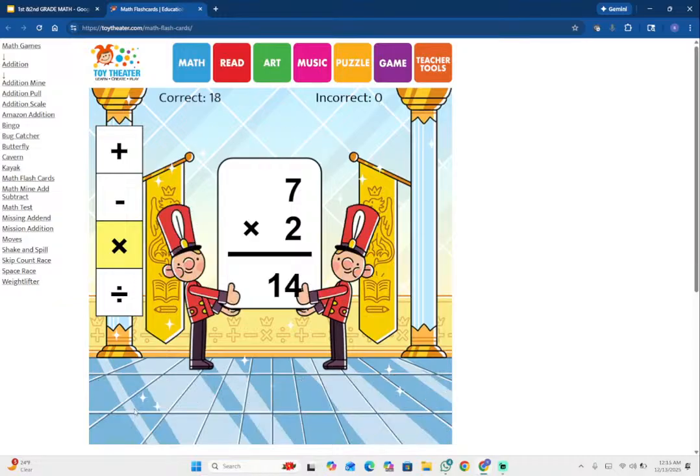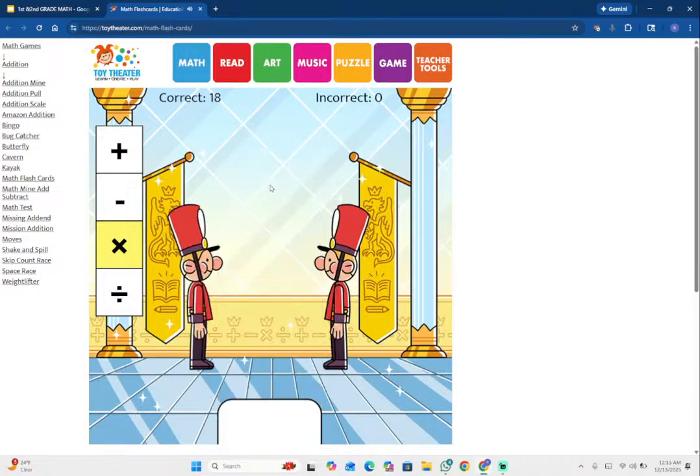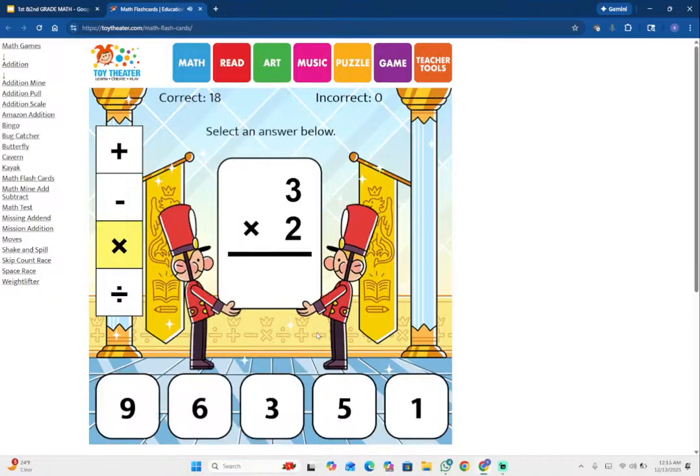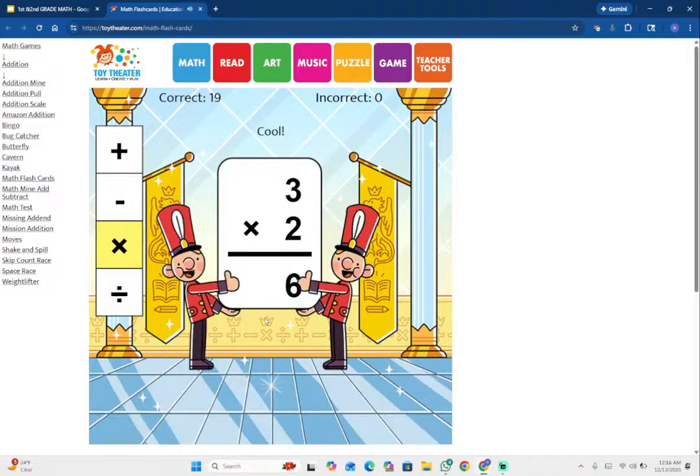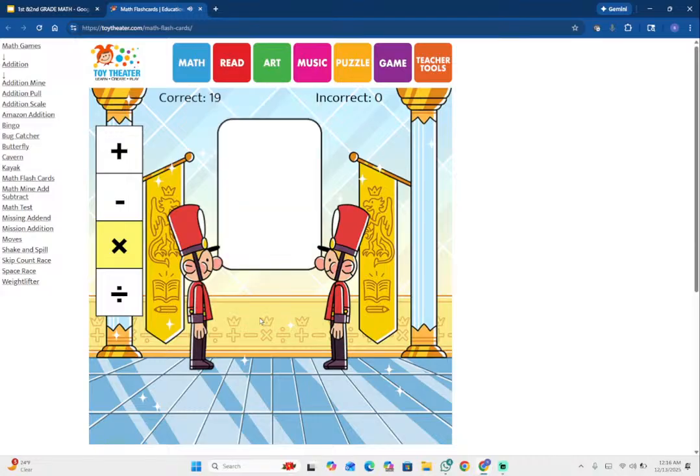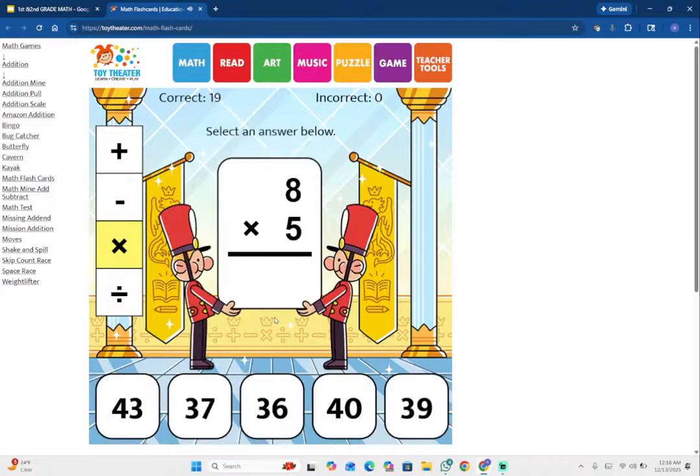Two sets of 7 plus 7. 2 sets of 3. 3 plus 3. Now 5 sets of 8.